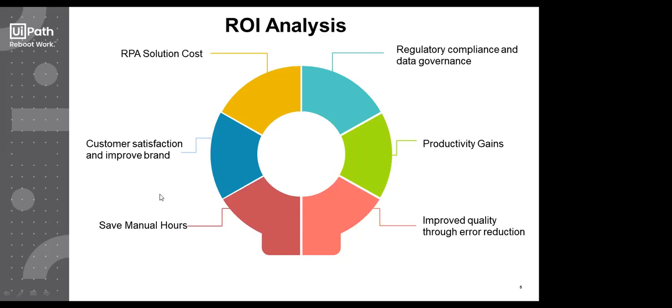Then regulatory compliance and data governance. Regulatory compliance means that every process abides by some rules and regulations while processing. So when the bot is working in its place, we should make sure that the bot also abides by those rules, regulations or laws that apply to that process.